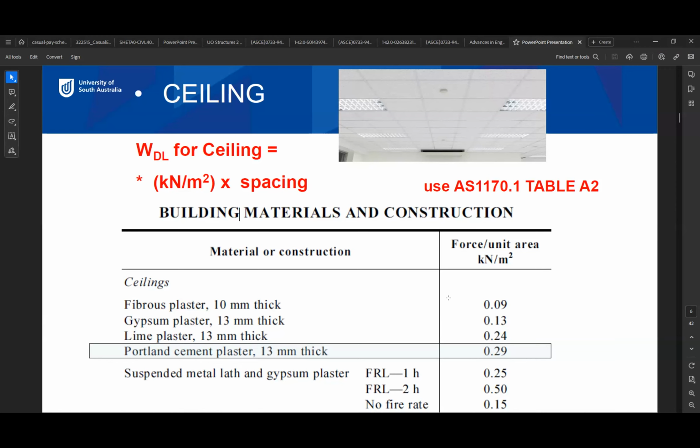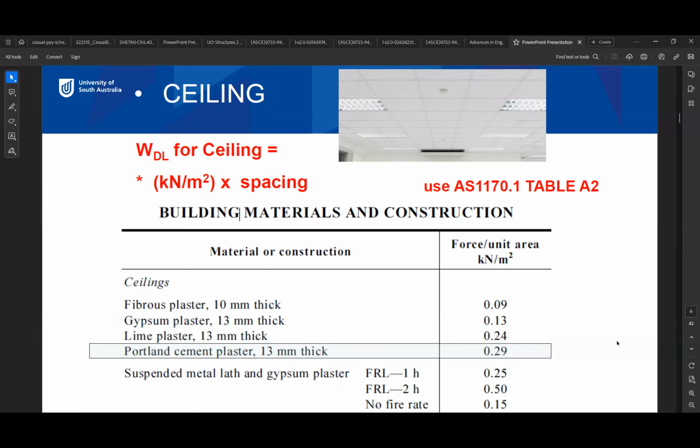So when you say then times that by the spacing, what are our centers for our ceiling? Would that be like 300 centers, 450 centers? You don't have to go to that detail. What you are calculating for this question is the load on B1, right? So you don't need to assume the spacing for the ceiling.